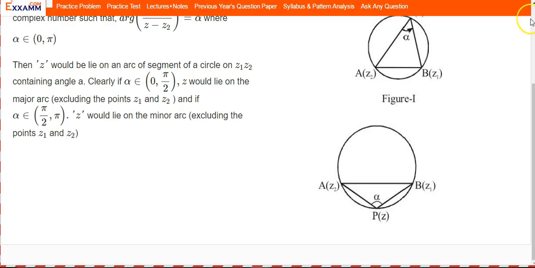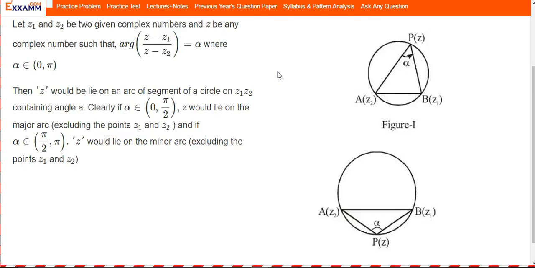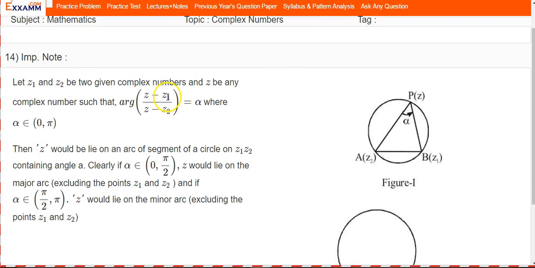The main thing to note here is that, applying the rotation formula, we get argument of (Z1 minus Z) divided by (Z2 minus Z) as alpha, and it is moving like this, so that here also this angle is alpha.